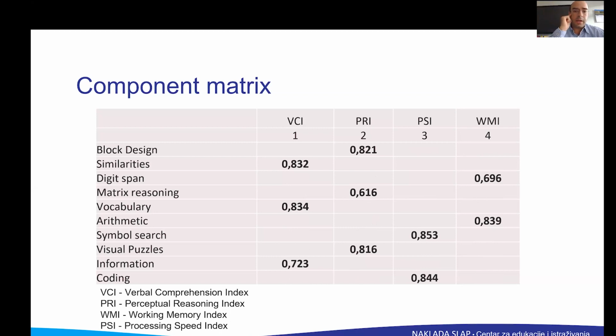Like the verbal comprehension index is comprised of similarities, vocabulary, and information, or the working memory index from digit span and arithmetic. So in general, this factor structure that we got looked good.